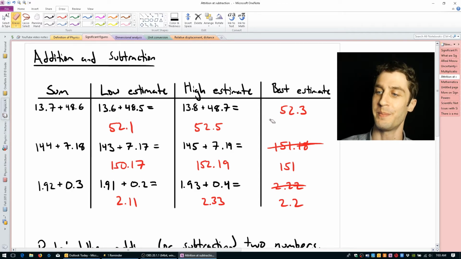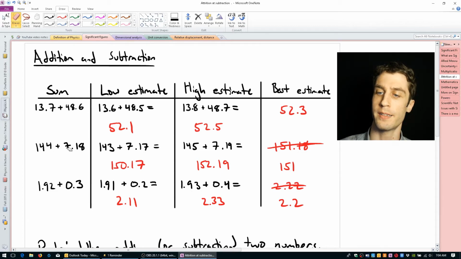multiplication and division. Instead, what you're going to be looking for is how many decimal places out you know these quantities. So each of these quantities is known out to the tenths place. Each of these quantities is known only out to the units digit.